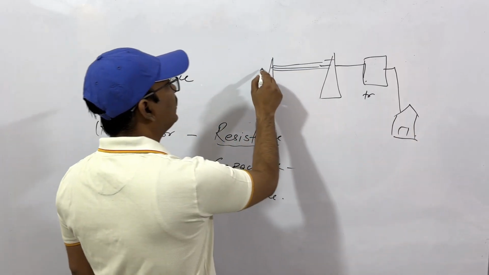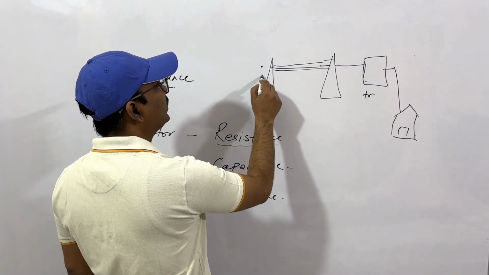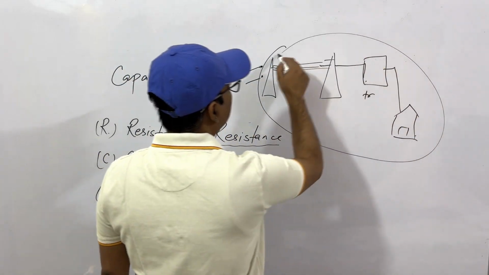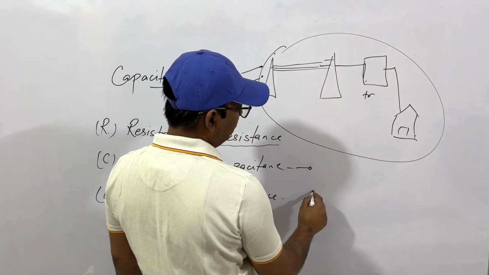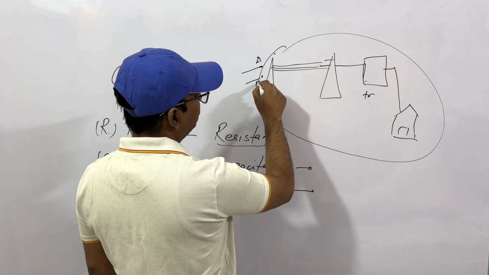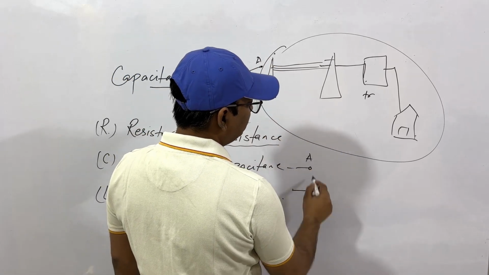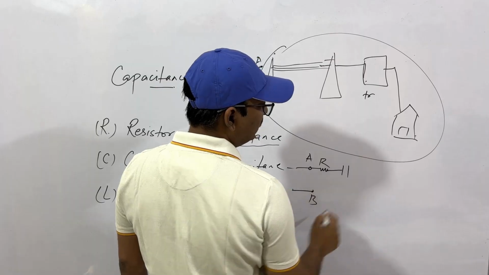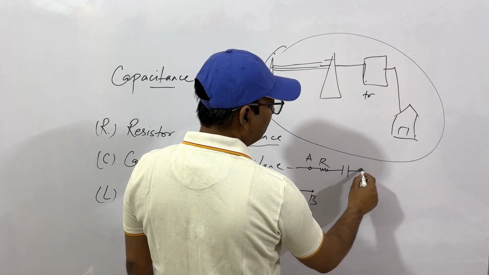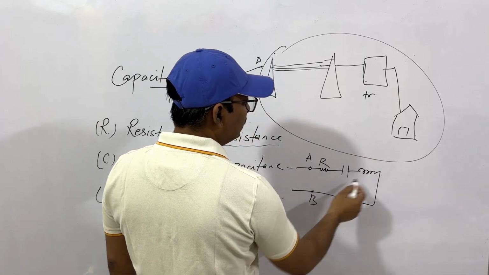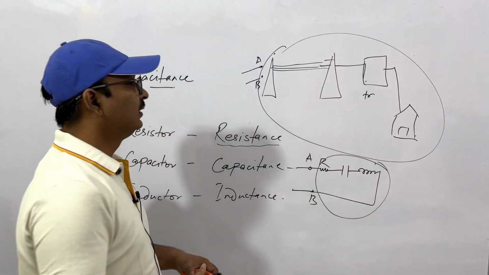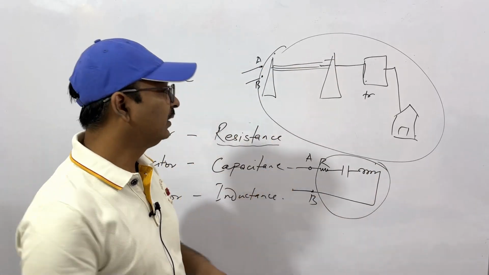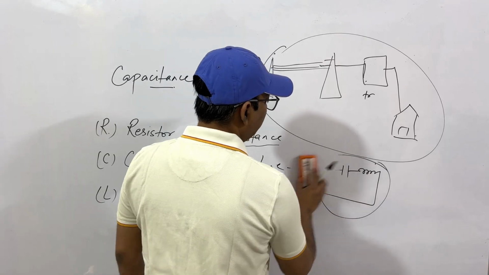Now if you take two points, A and B, the input point, you can view this whole setup as R plus C, denoted like this, and inductance denoted like this. So you can represent this whole setup as R, C, L. How we represent it, we'll see.